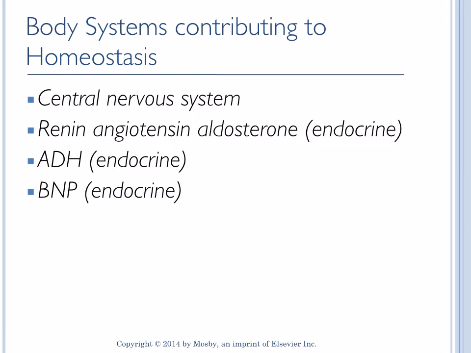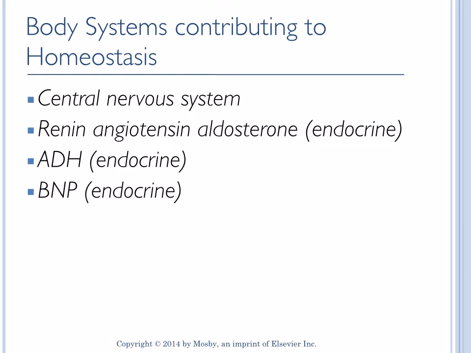Now there are two other systems. There is another system which plays a heavy role in contributing to homeostasis with regard to the cardiovascular system, and the other one is endocrine.